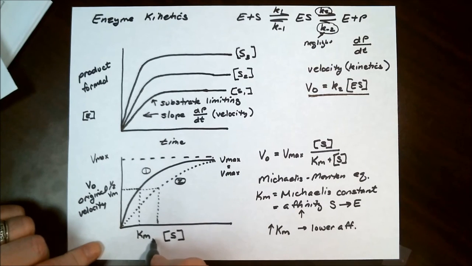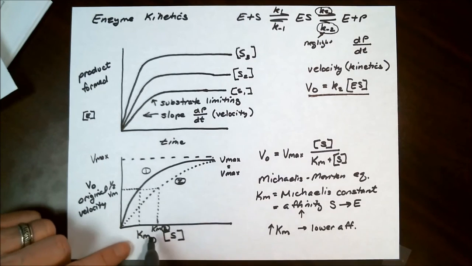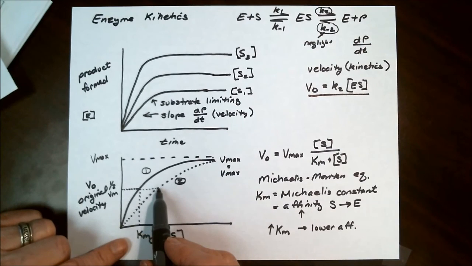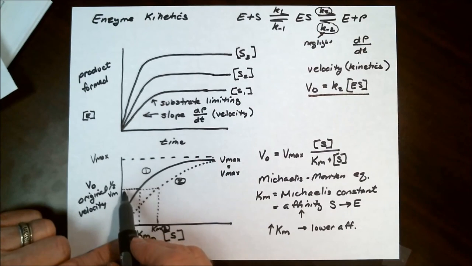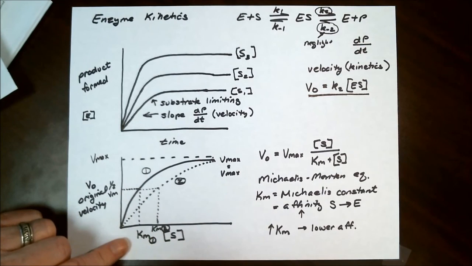Notice the Km for enzyme number 1 is much lower than the Km for enzyme number 2. So this implies that it takes more substrate to drive that 1/2 Vmax, which means it has a lower affinity. You need to have more substrate around to push that substrate into the active site of the enzyme. So higher Km equals lower affinity between the substrate and the enzyme.